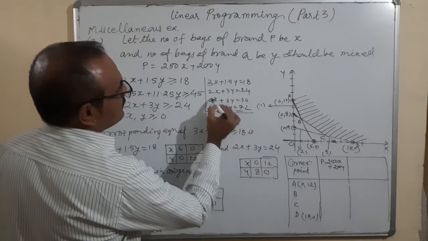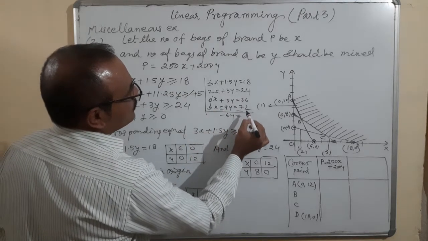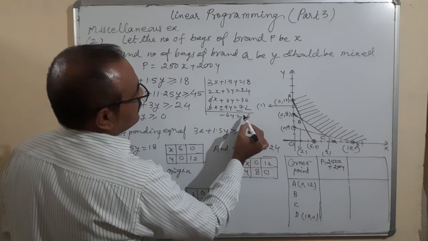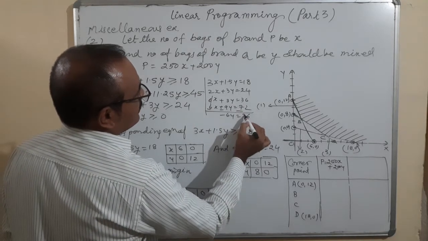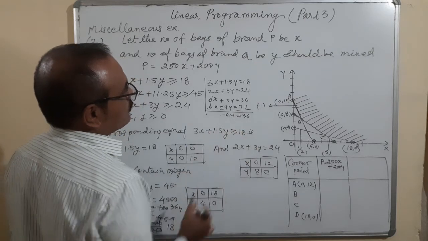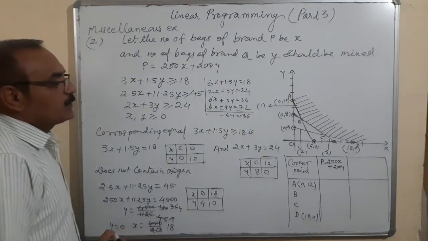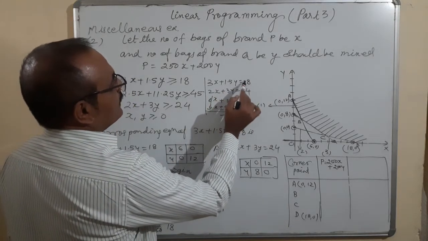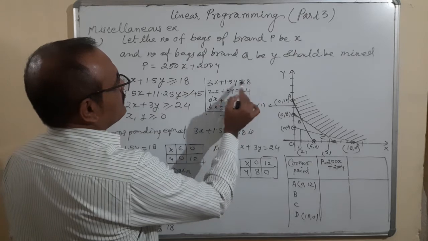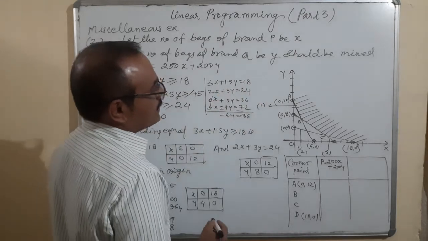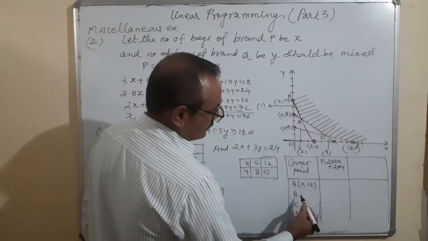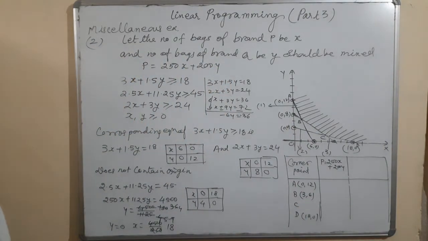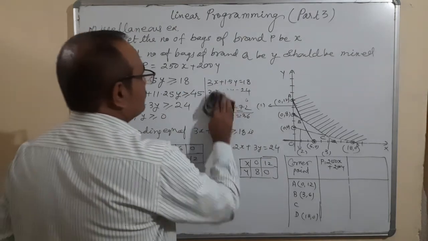When you change the sign, 6x cancels, minus 6y is equal to minus 36. So y is equal to 6. When I put y is equal to 6, 18 minus 9 is 9, so x is 3. So this point is 3 comma 6. Is it okay? Now we are getting the other point.